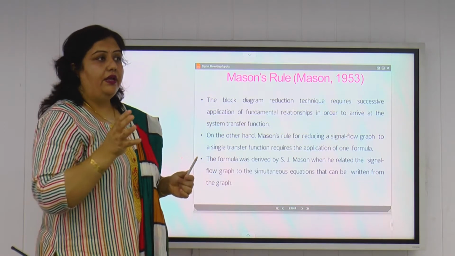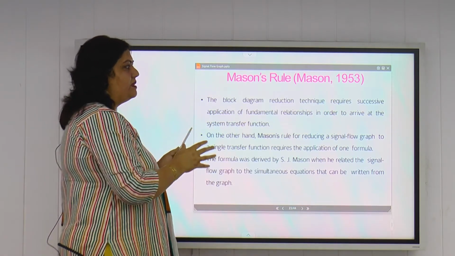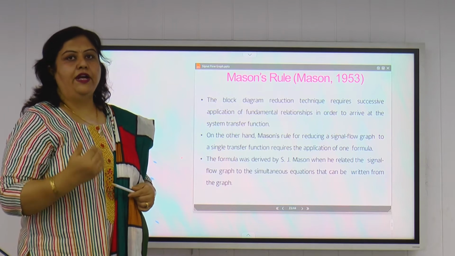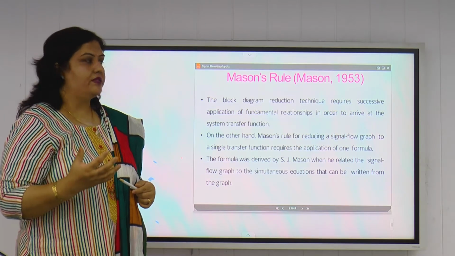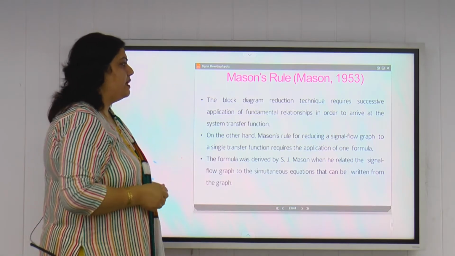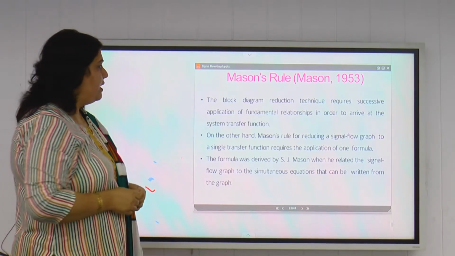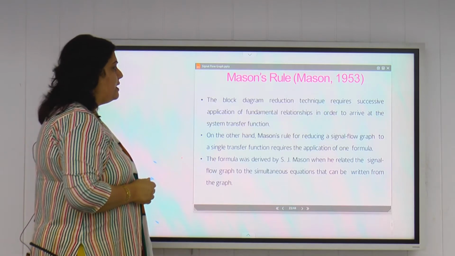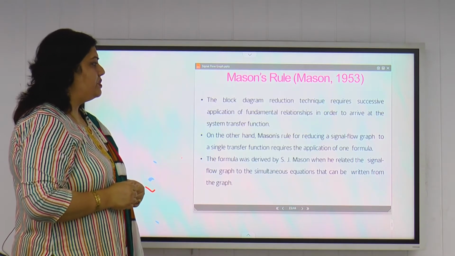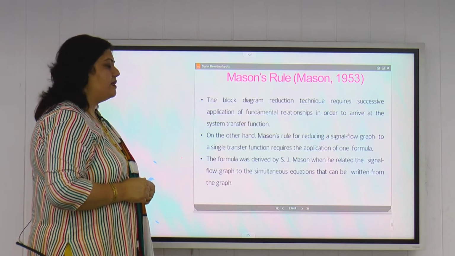So now on the SFG we apply Mason's gain formula to find the overall transfer function of a complex control system. This formula was given by Mason in 1953. The block diagram reduction technique requires successive applications of fundamental relationships to arrive at the system transfer function.